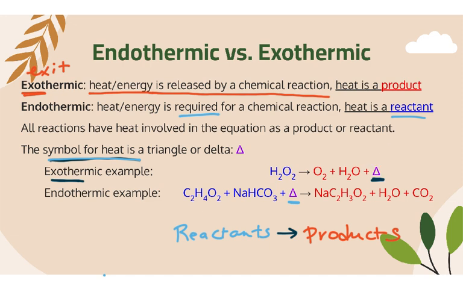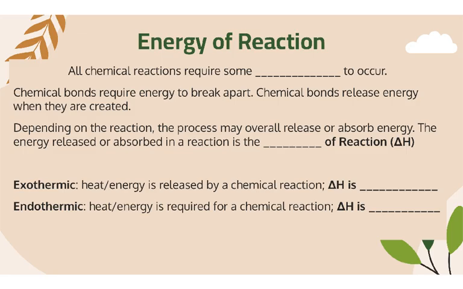In my endothermic example, I've got C2H4O2 plus NaHCO3, and I have heat as a reactant. It is what is helping to start that reaction, and then I get my products over here on the right. So endothermic versus exothermic reactions.